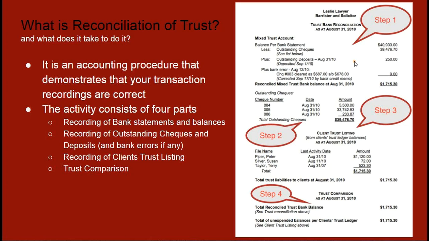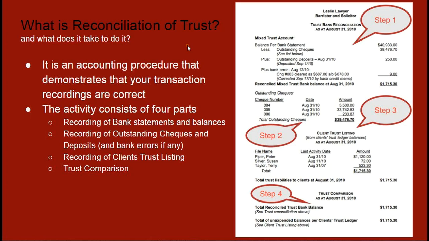So let's say in the month of January 2021, you're looking to reconcile December 2020, then you would need to know if there are any outstanding deposits or balances and potential bank errors, especially in the trust account. It happens when you're just getting started, where sometimes the bank may withdraw your monthly fee out of your trust account. And this is something you would have to talk to your bank about.